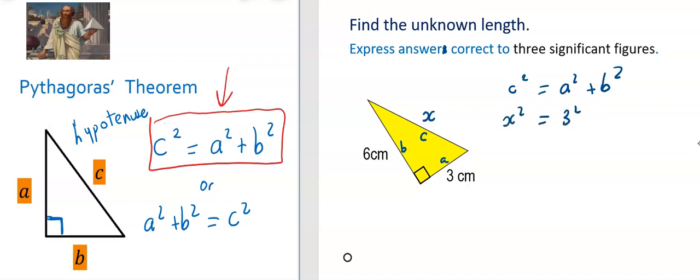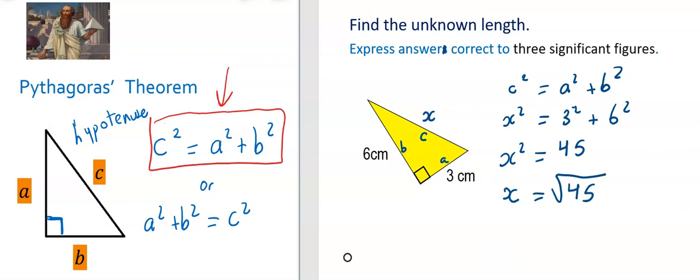So we have 3 squared plus 6 squared. If you put 3 squared plus 6 squared in your calculator, it will give you 45. The opposite of squaring is square root. Because at the moment we have a square there, we want to have x by itself, so we do square root of 45.